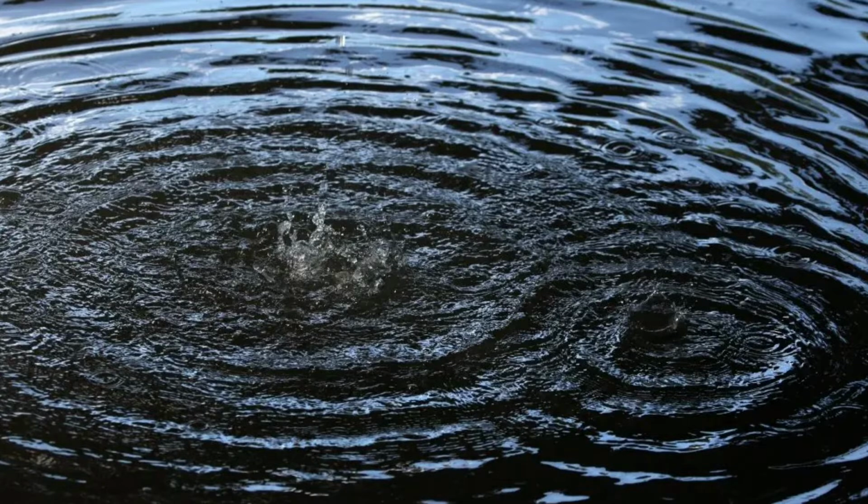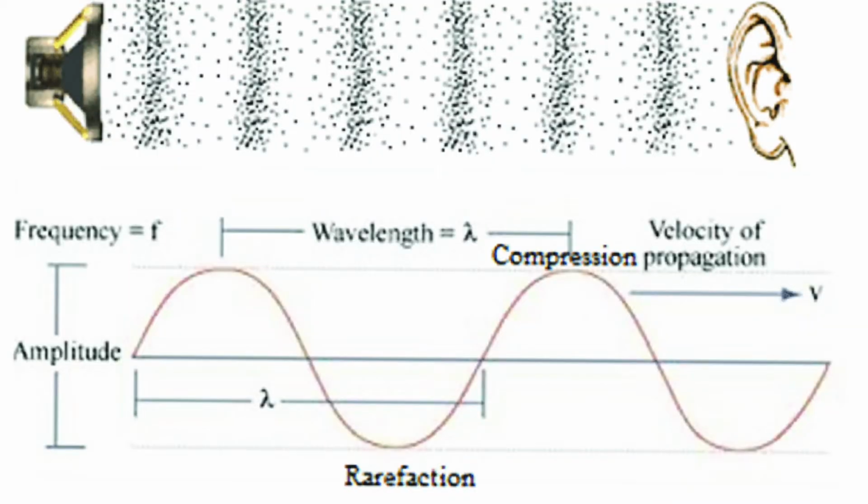The water travels in the form of waves. These are transverse waves. And whenever the school bell rings, how does the sound reach your ears? The sound also travels in the form of waves. Those are called longitudinal waves.